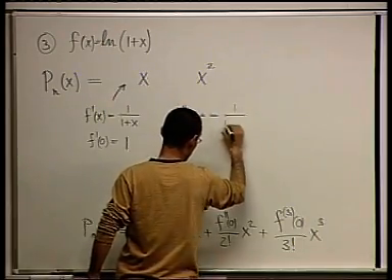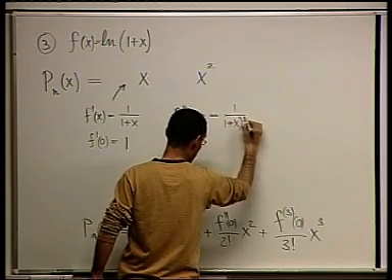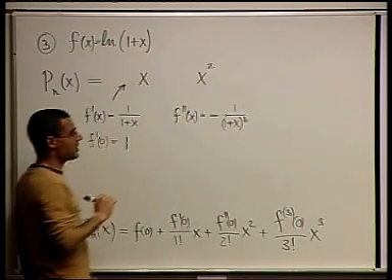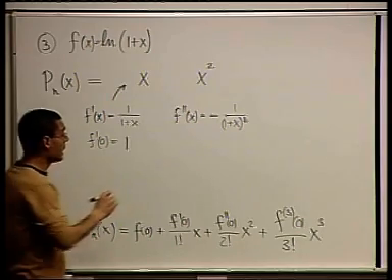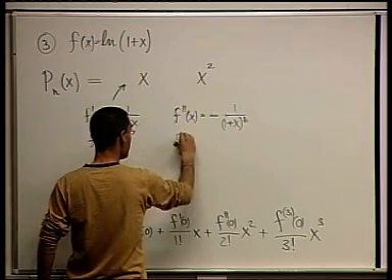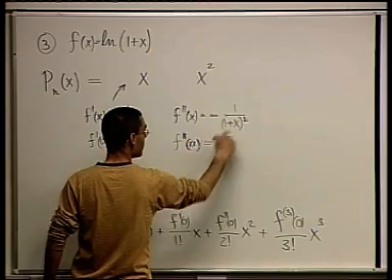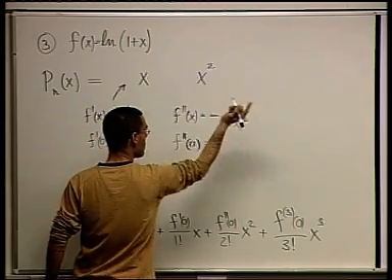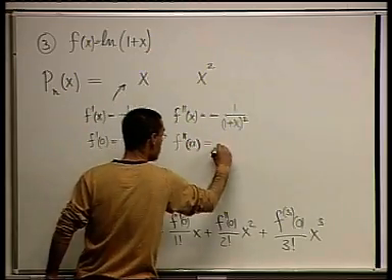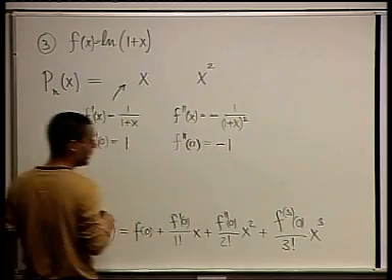So minus 1 over 1 plus x squared, times the inner derivative, but that's just 1. Evaluated at 0, you get 1, so all in all, you get minus 1.